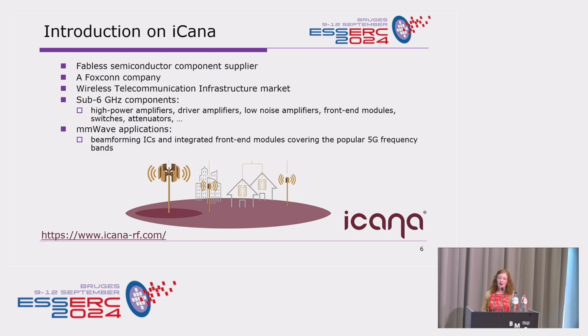We mainly make products for the wireless telecommunication market, and our products can be split in two main parts, which are the sub-6 GHz components, where you find a lot of amplifiers, attenuators, and so on, but also the millimeter wave applications, where I will show you today the beamforming IC. And then we also have different kinds of front-end modules where we cover the frequencies for 5G.